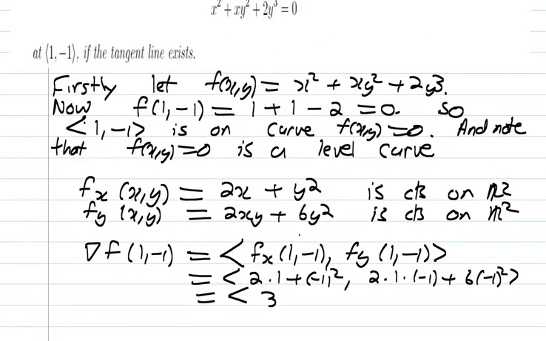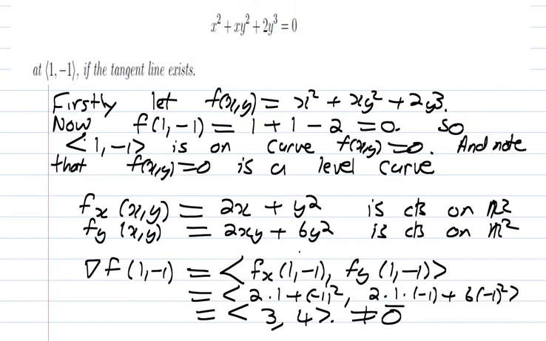This works out to be 3 and this works out to be 4. And this is non-zero. So you've got to tell yourself and the marker that I've worked out grad f at the point (1, -1). It's the vector (3, 4). And this is a non-zero vector. All right? So this is a non-zero vector.